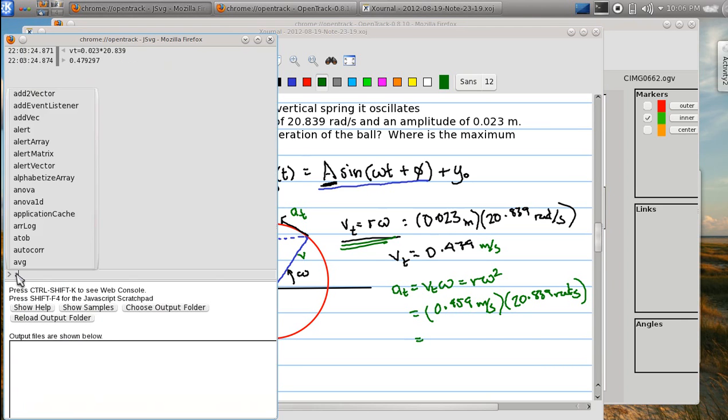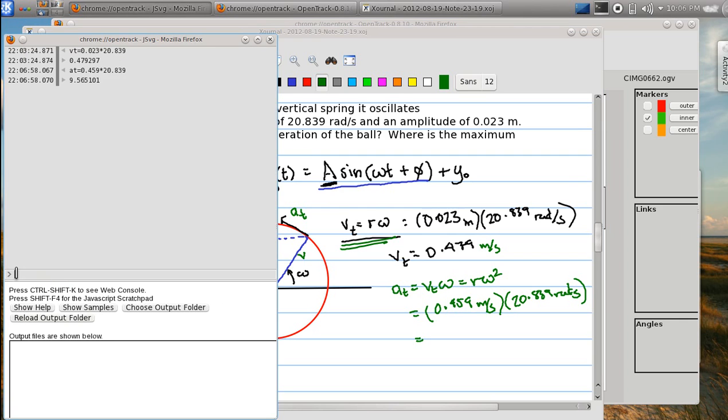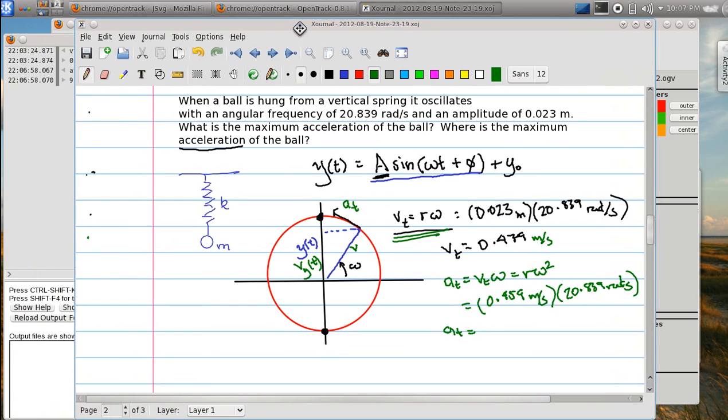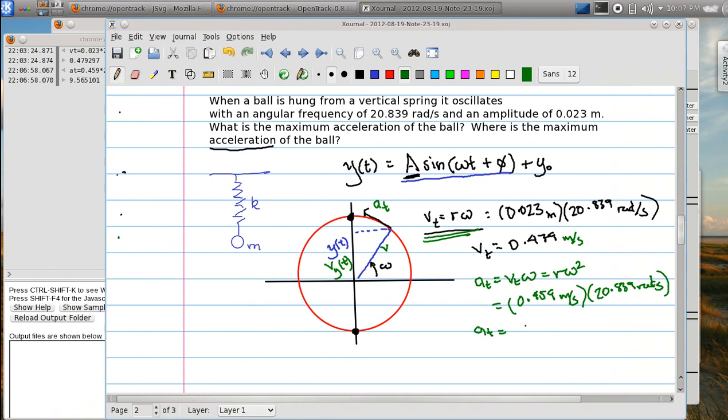So a sub t equals 0.459 from the graph times 20.839, and we get 9.565. So we're going to estimate that the tangential acceleration is, once more, 9.565 meters per second squared.